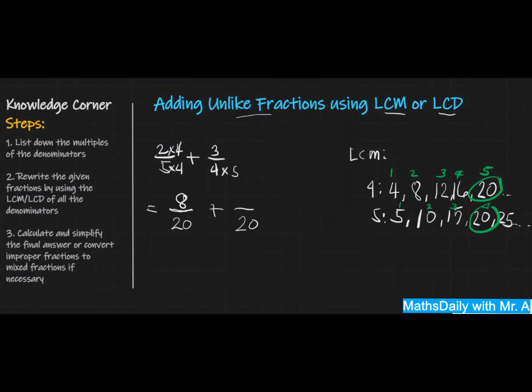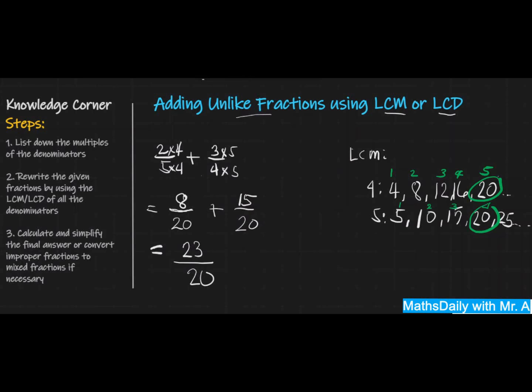And then we do the same thing with the numerator. Let's multiply it by 5. 3 times 5 is 15. Now that we have the same denominators, we can proceed to adding fractions. 8 plus 15 is 23 over, copy the denominator, 20.